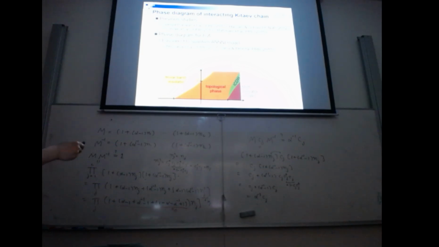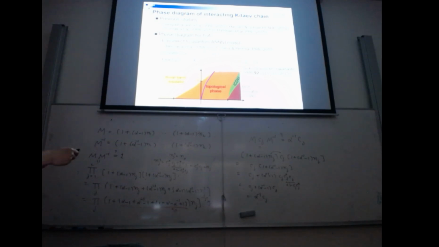And the solvable case corresponds to this blue line, and this is written like this. On this line, mu is this function of u. And along this line, the exact ground state looks like this. So it's a fermionic coherent state.